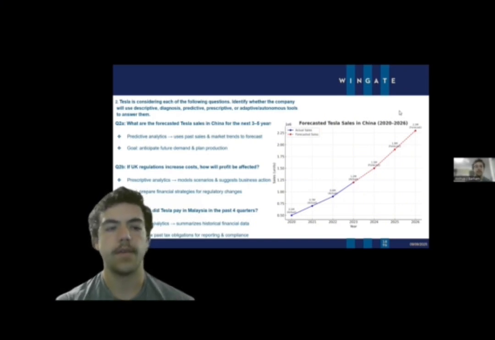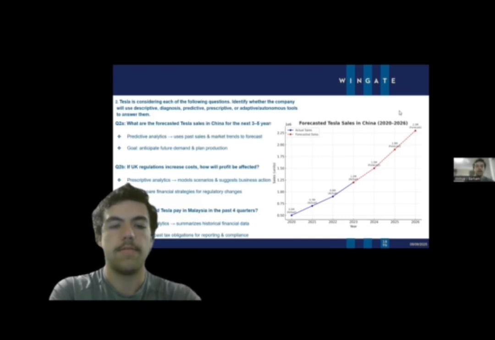So for question 2B, if the UK regulations are going to increase costs, how will that profit be affected? So this is going to be prescriptive analytics, and the reason that it's prescriptive is because you have to look at the actions that could happen in the future.